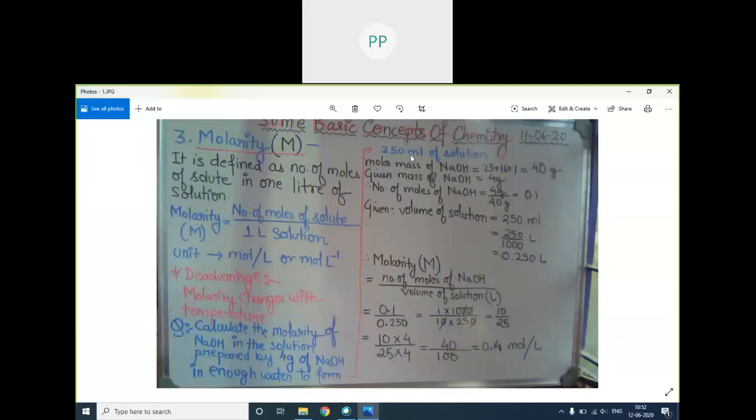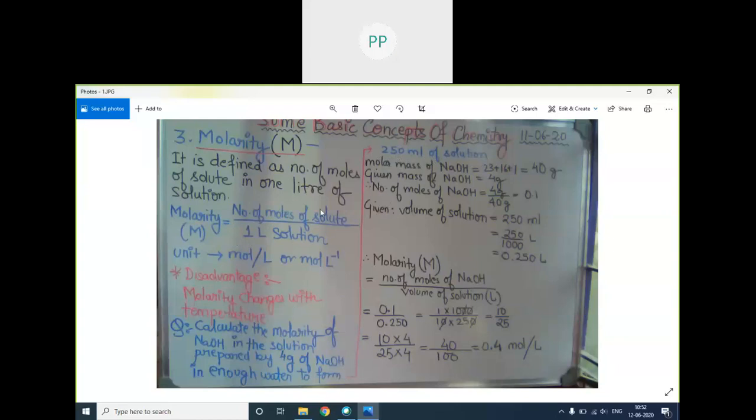Two things are given. To calculate molarity, what we need? Volume of the solution in liter. It is already given, that is 250 ml. We can easily convert it into liter because we want the volume in liter.